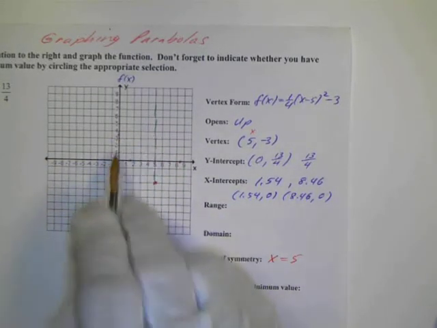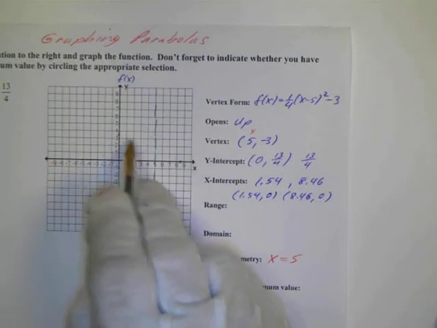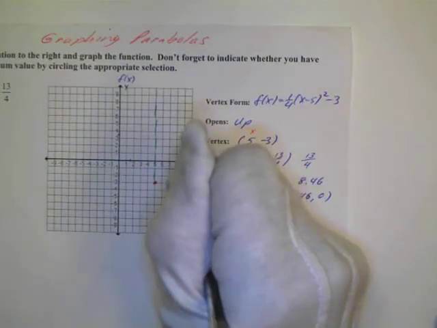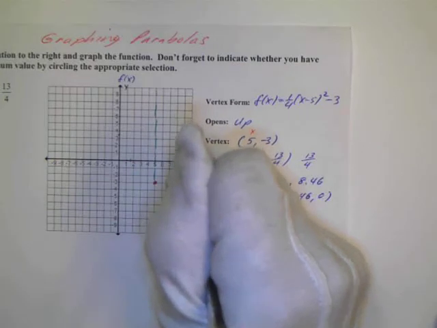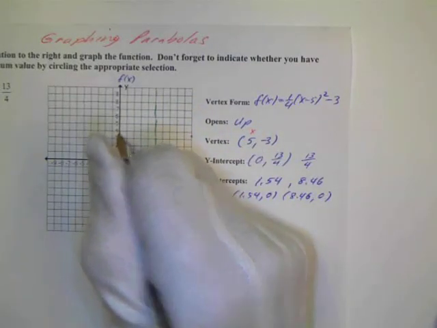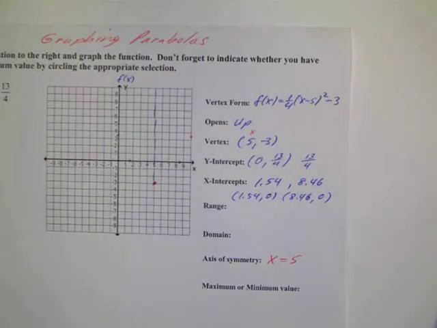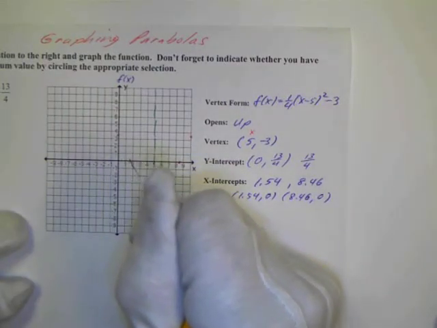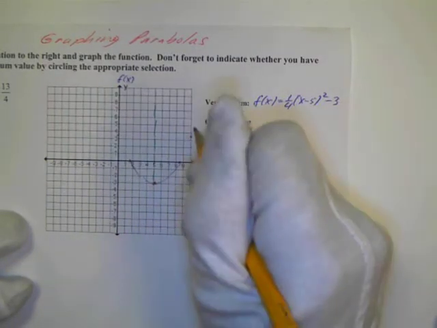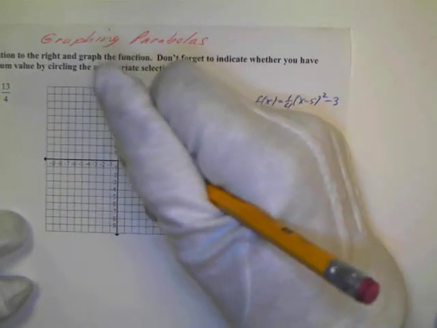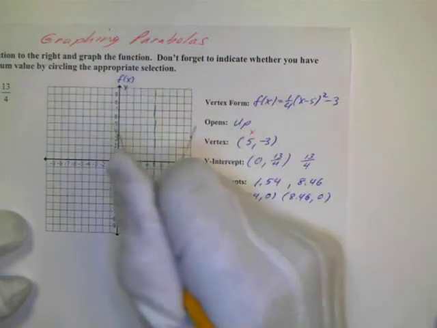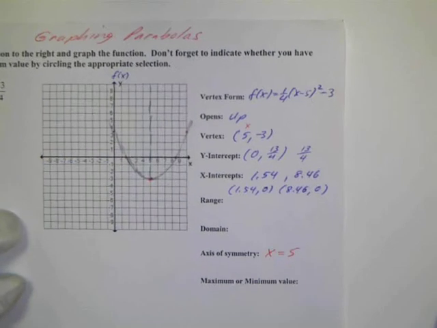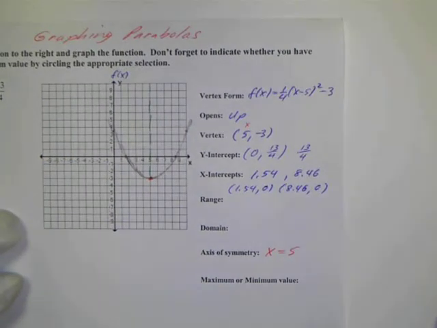So I'm going 5 to the left, so I'll go 5 to the right. I'll just barely make it. And there's my symmetrical intercept. And I got 5 points, so I can pretty much get a pretty good graph. And there you go. So that's our parabola.